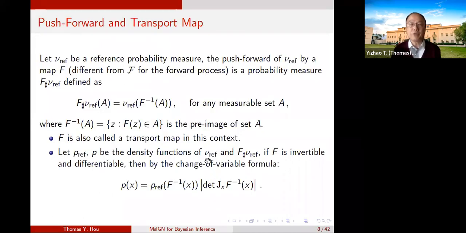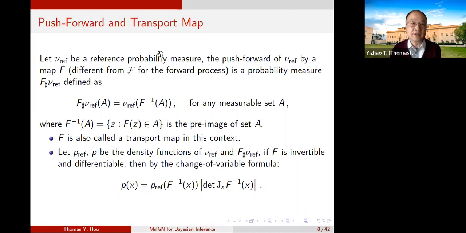So the approach we are going to adopt will use a transport map, using a deep generative network to characterize the transport map. So let me say a little bit more about this approach based on the transport map. Suppose you have a reference probability measure that is easy to sample, right? For example, it could be a Gaussian. So you would like to construct a transport map F, capital F, right?